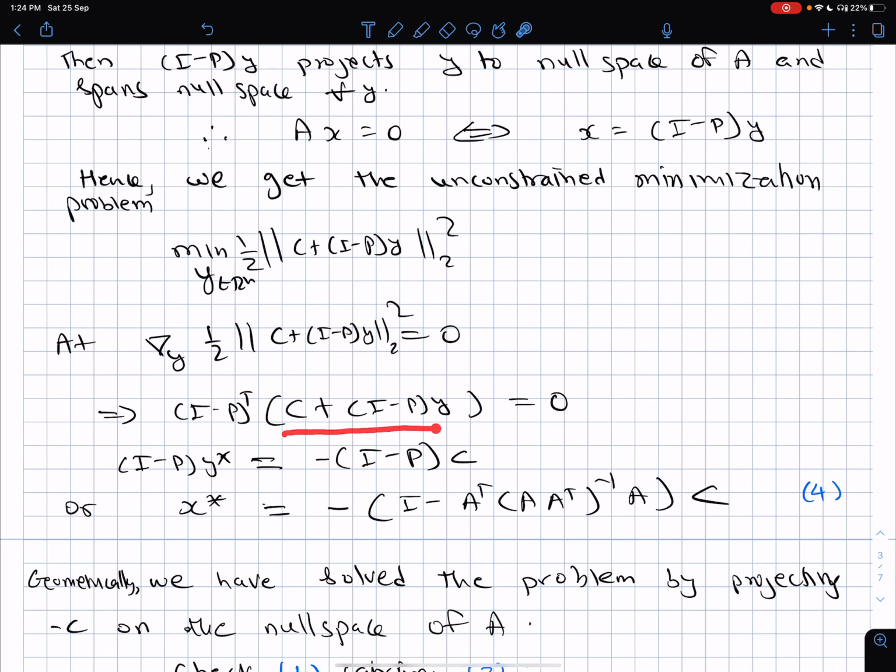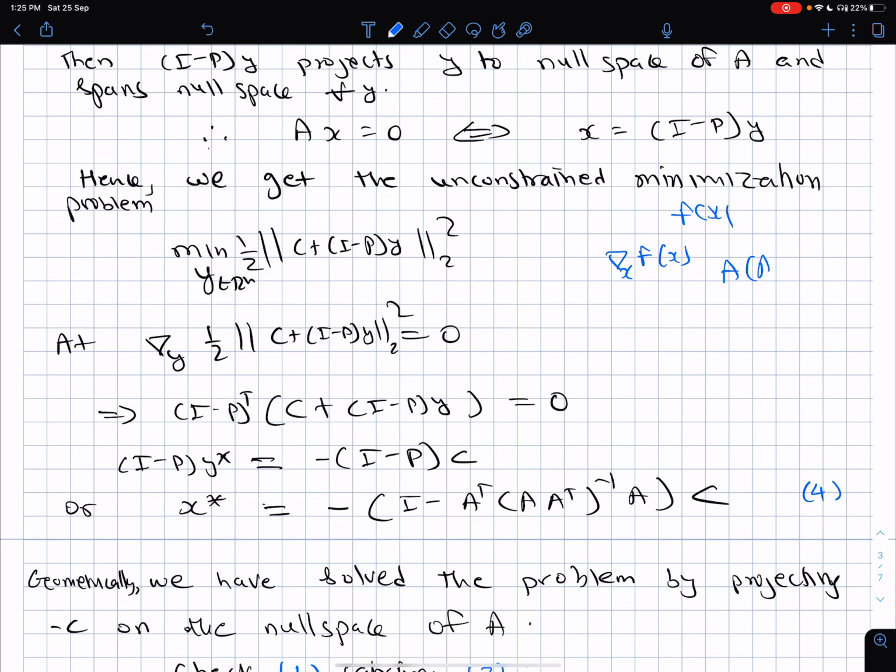So similarly here you will get c plus (I minus p) into y, but you have to apply a chain rule here because there is a product (I minus p) times y sitting here. If you are taking up f of x, then the gradient is just the gradient of f of x with respect to x.